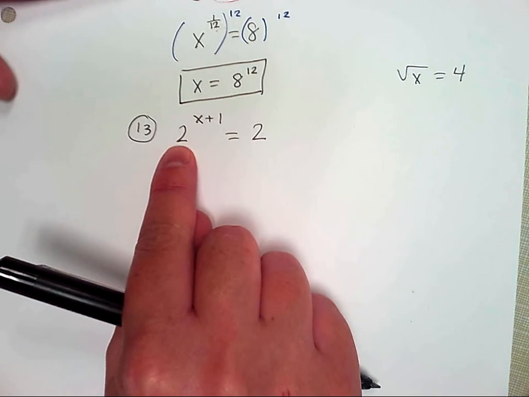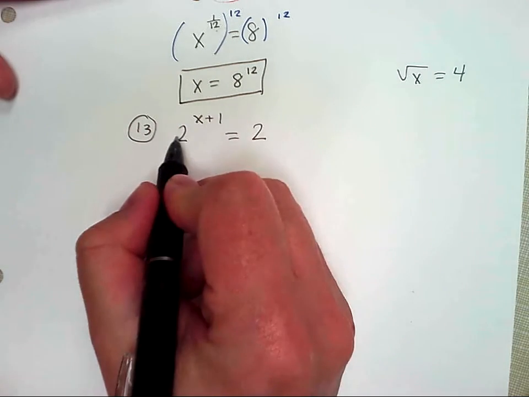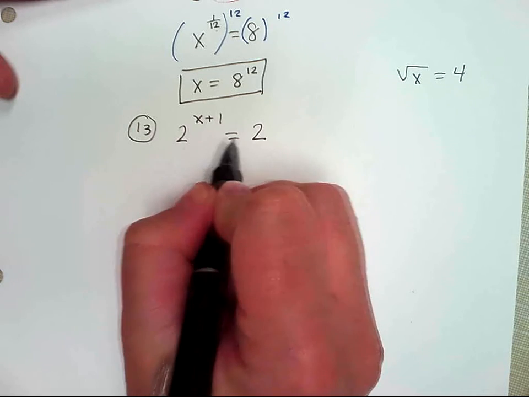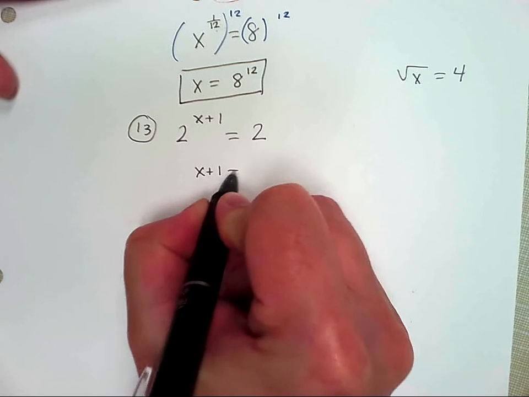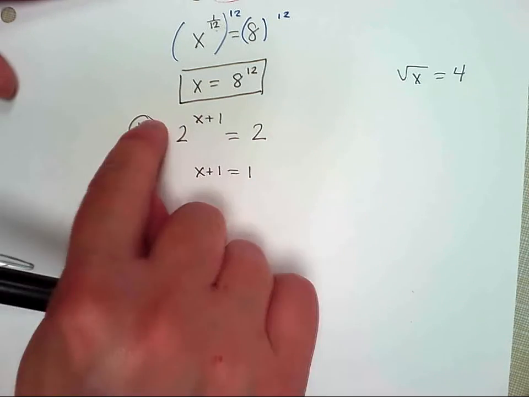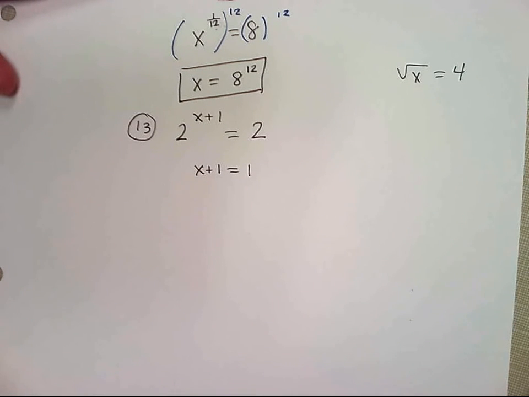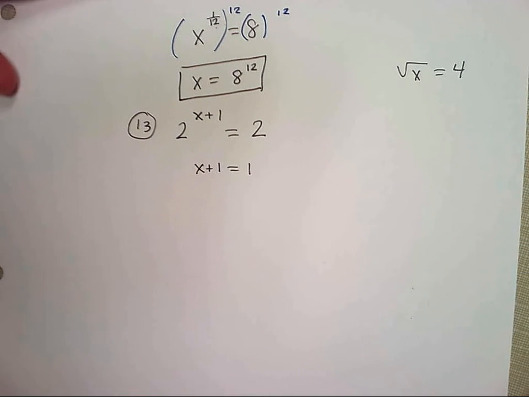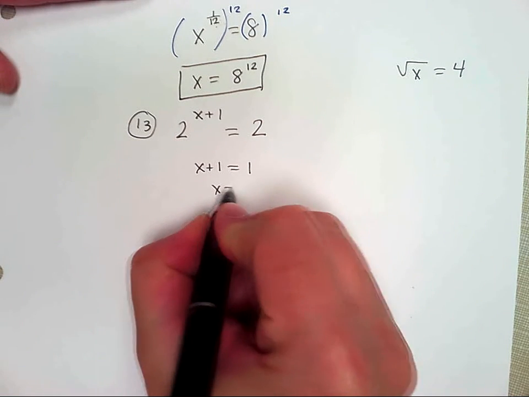And here my power is x plus 1. I know because my bases are the same, my 2's are the same, I can say x plus 1 equals 1. These are both 2's, so I know the exponents have to be equal. I can't take the log though. So I'm subtracting 1 from both sides and I get x equals 0.